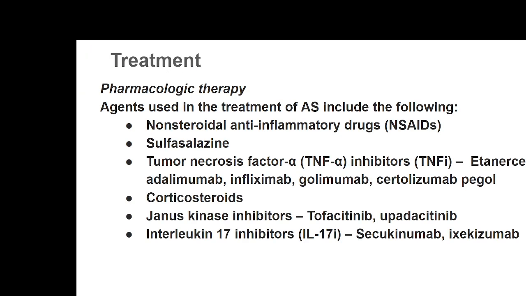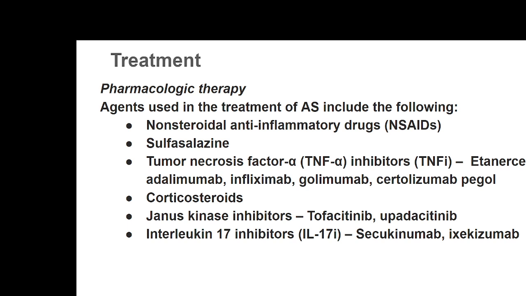From the treatment protocol point of view, in the contemporary system, the drugs used are primarily non-steroidal anti-inflammatory drugs, or sulfasalazine, or now the newer generation drugs like tumor necrosis factor alpha inhibitors, like etanercept, which is very costly, or infliximab.